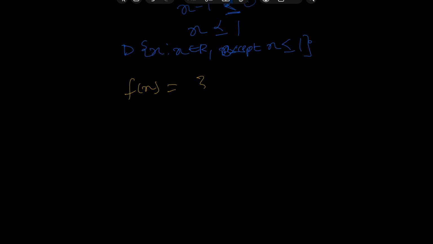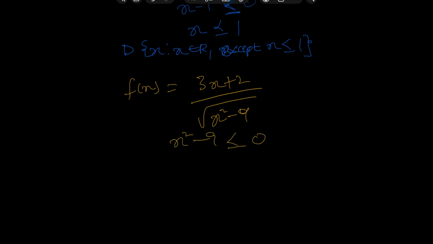F of x equals 3x plus 2 all over square root of x squared minus 9. You equate this, you use less than or equal to sign again. Now it will be x squared minus 9 less than or equal to 0, x squared less than or equal to 9, x less than 3.